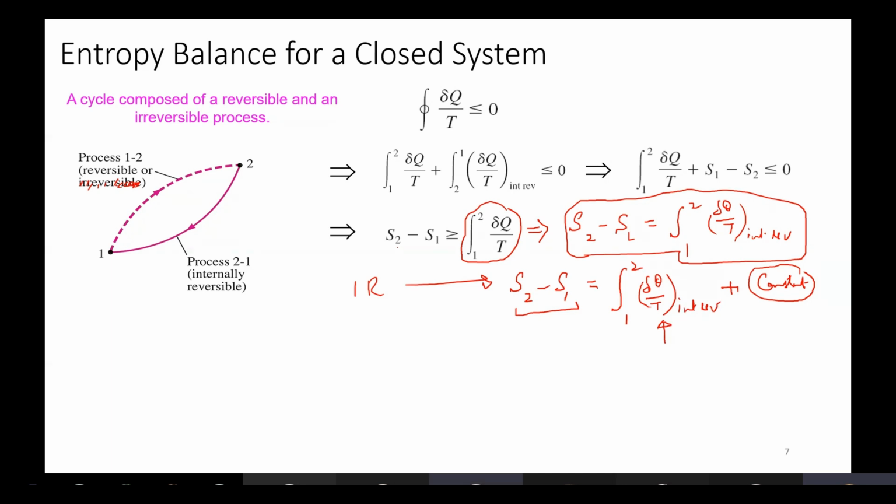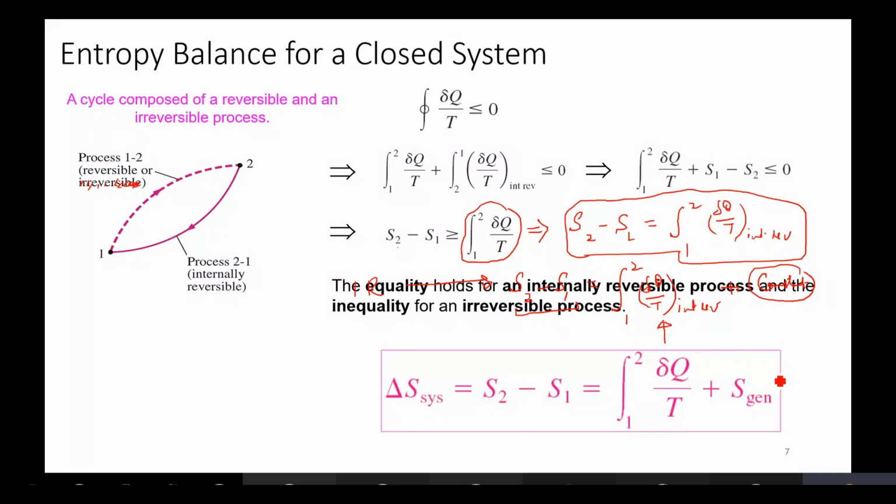Yes, sir. Now, this value which is greater, which is expressed over here as some constant and which is greater than that for the reversible process, you call this entropy generation. That means the change in entropy for an irreversible process is some value greater than the reversible value, which is entropy generation. This value is a positive value.